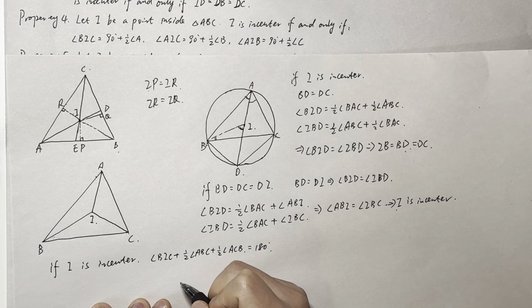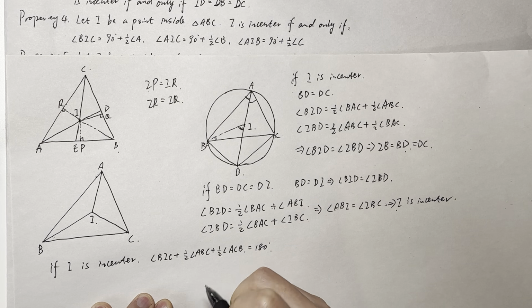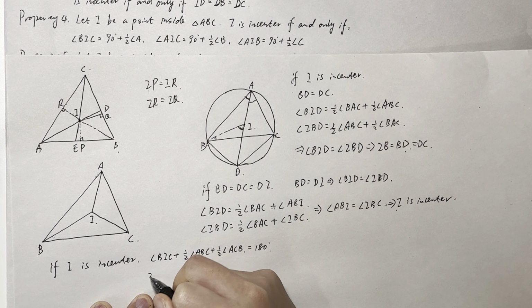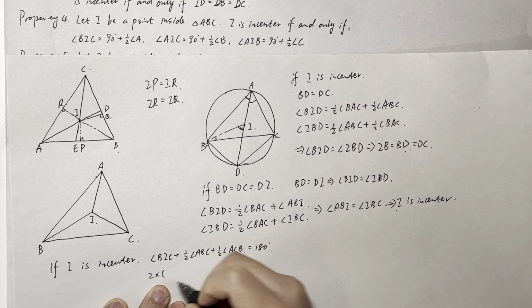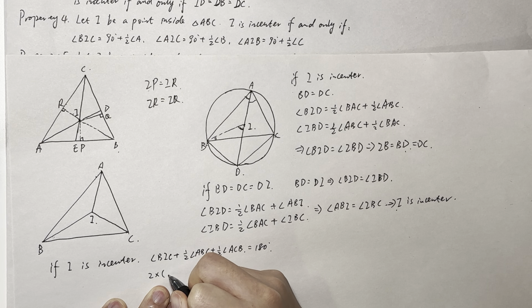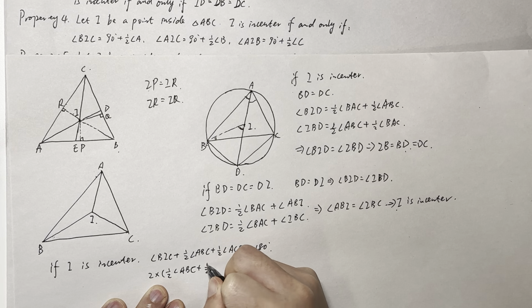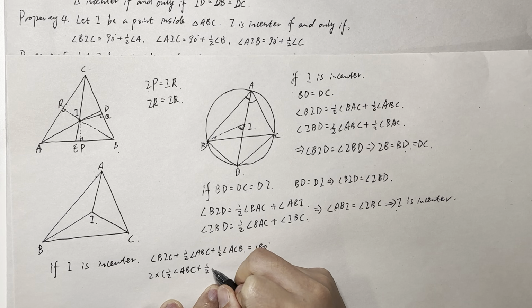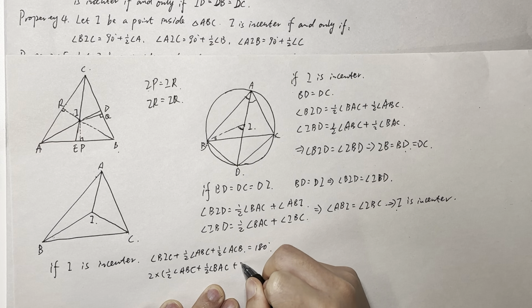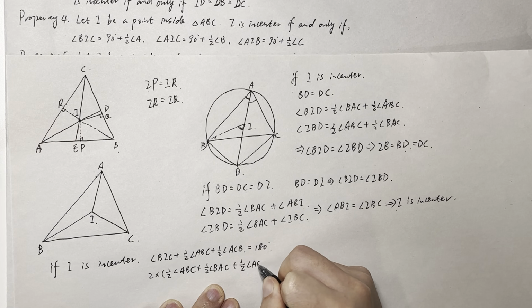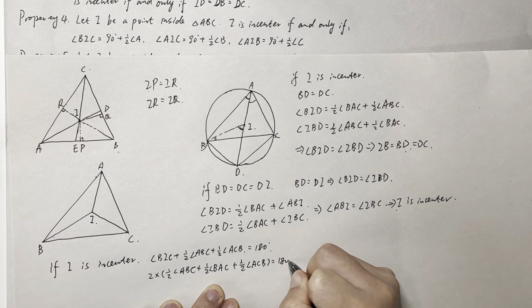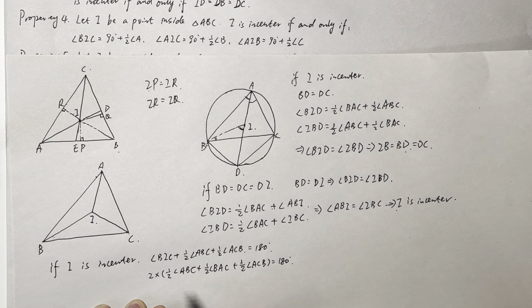And we already know that half of angle ABC plus half of angle BAC plus half of angle ACB equals 90 degrees, so twice that is 180 degrees, right?